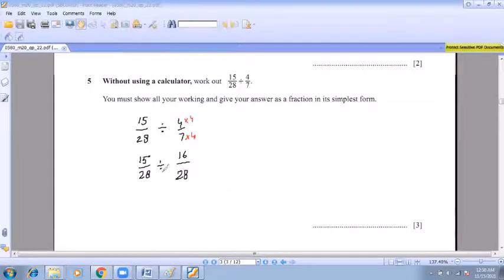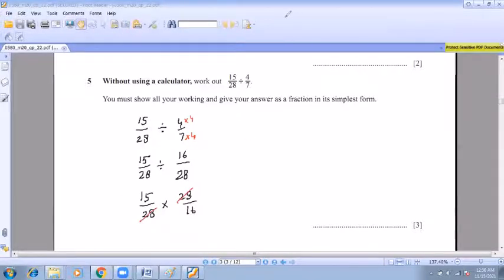If we change the divide into multiply, the next term, this fraction 16 over 28, will change into its reciprocal. So 15 over 28 multiply 28 over 16. We can cancel 28 and 28.